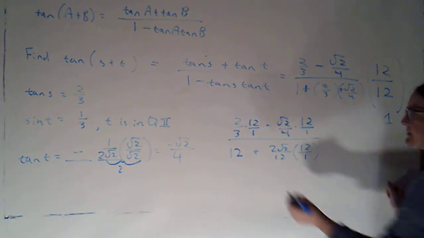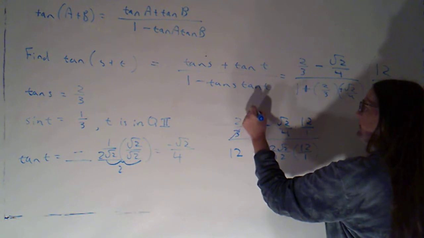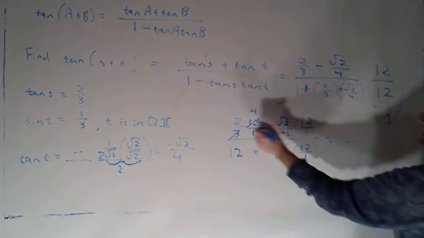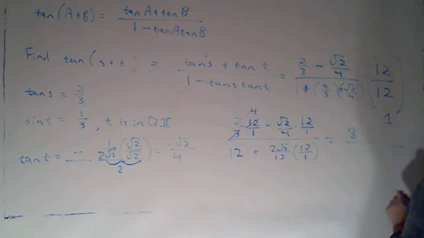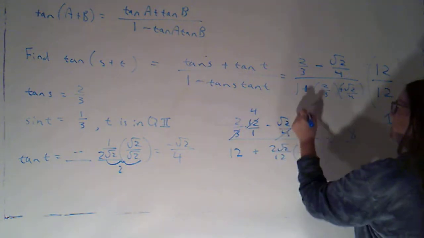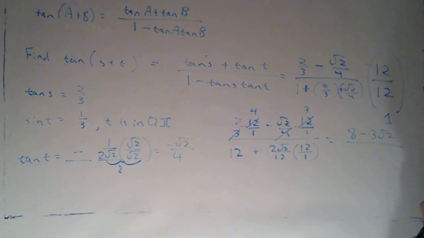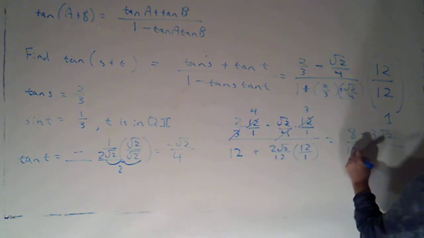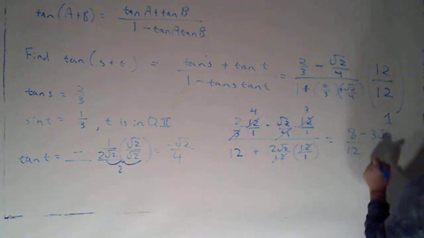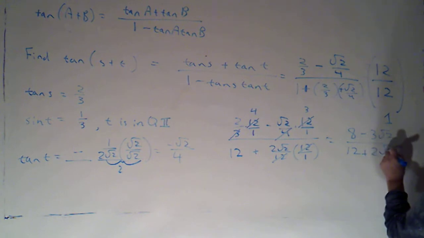So now I can cancel. The 3 goes into 12 4 times, so this becomes 2 times 4, which is just 8. 4 goes into 12 3 times, so I'm subtracting 3 copies of root 2. This is just 12, and my 12s cancel, so it's plus 2 root 2.